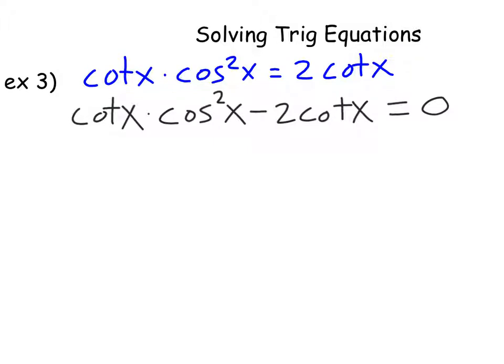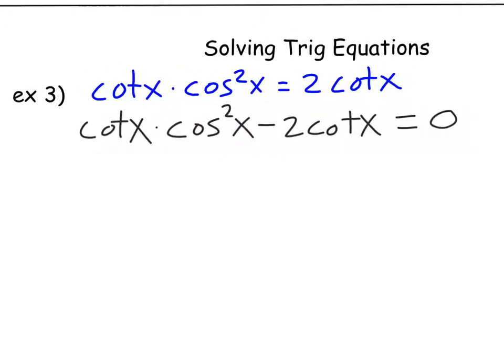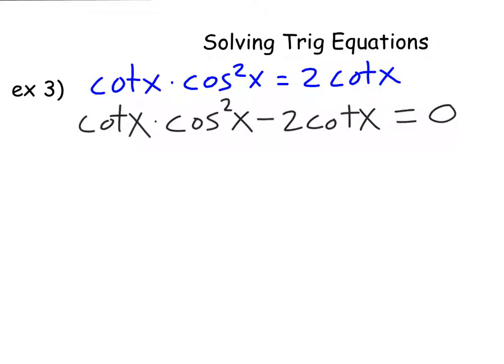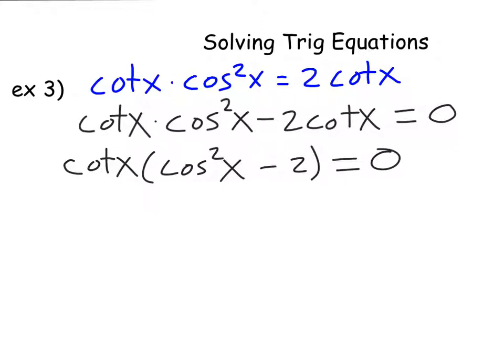So on this one, I've gotten everything on one side, and I notice this is another good way to handle these: get it all on one side and check and see if you can factor. Because that's one way to handle the two different trig functions.